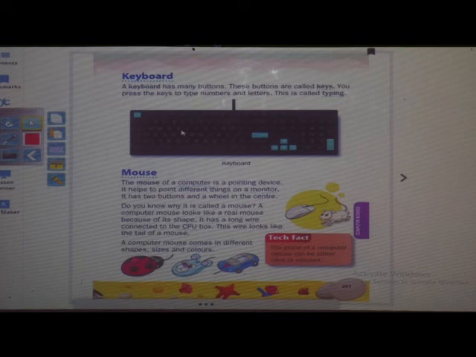Nowadays in the market you can see different shapes, sizes and colors. So we have seen the keyboard and the mouse. The plural of a computer mouse can be either mice or mouses.